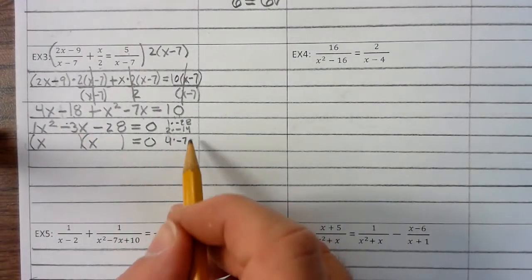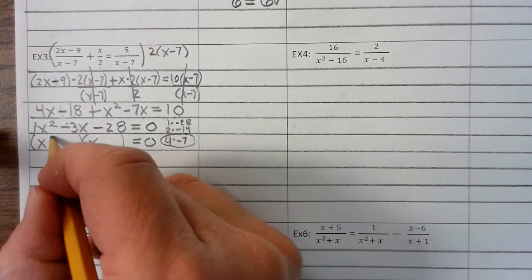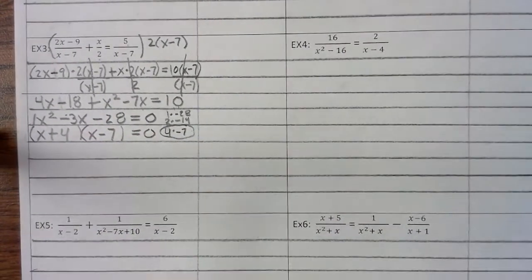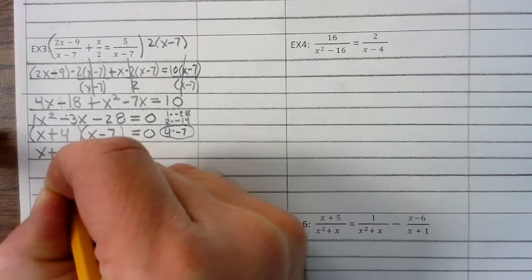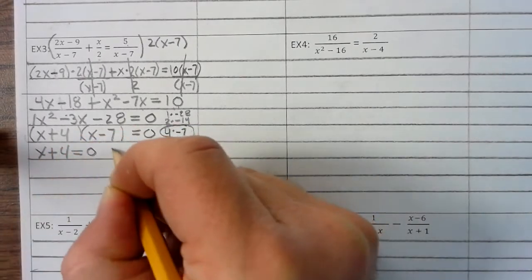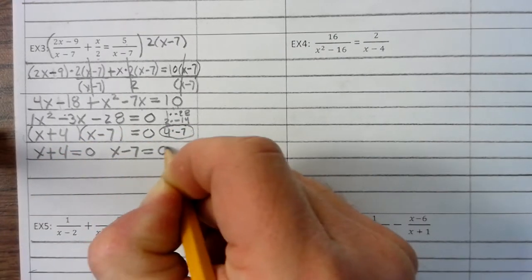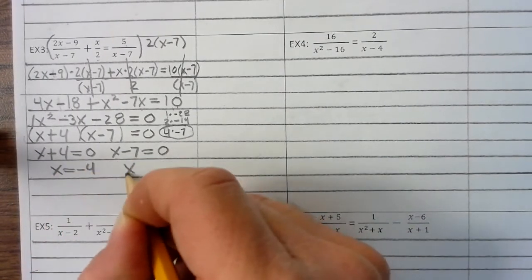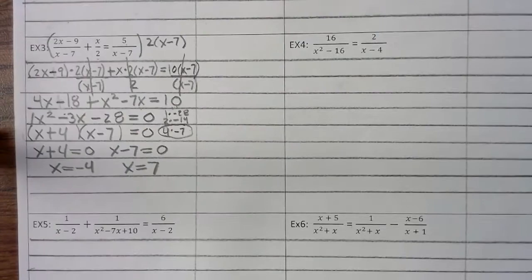And in this case that gives you negative 3, so our factors are x plus 4, x minus 7. Set them equal to 0, so you have x plus 4 equals 0, and x minus 7 equals 0. So x equals negative 4 and x equals 7.